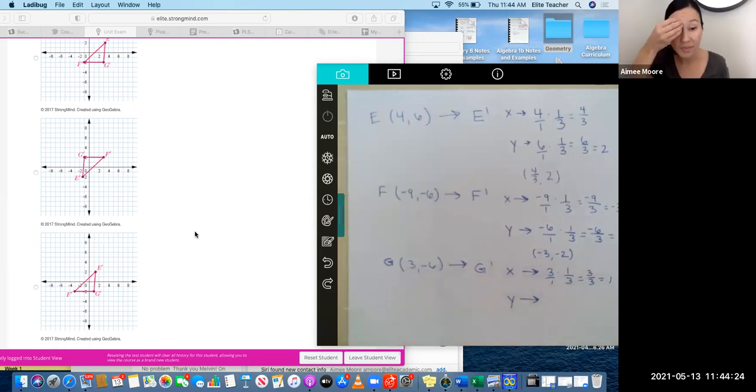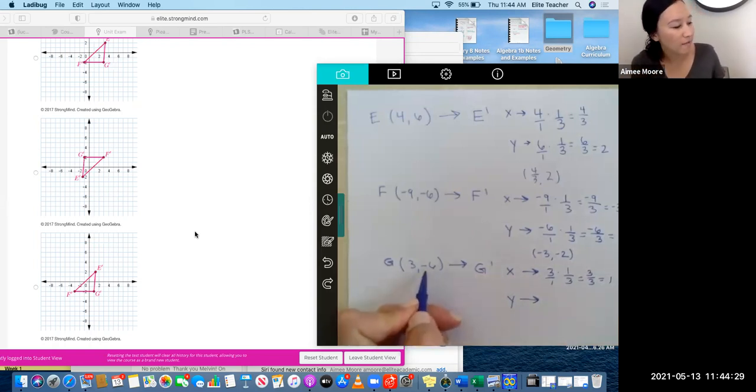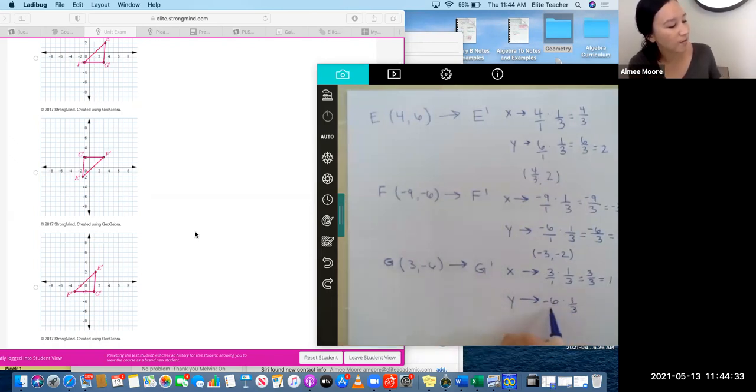Excellent, Lily. And for our Y value is -6. So we multiply that by the scale factor of 1/3. -6 divided by 3, we just multiply straight across, is -2. So our new point would be 1, -2.